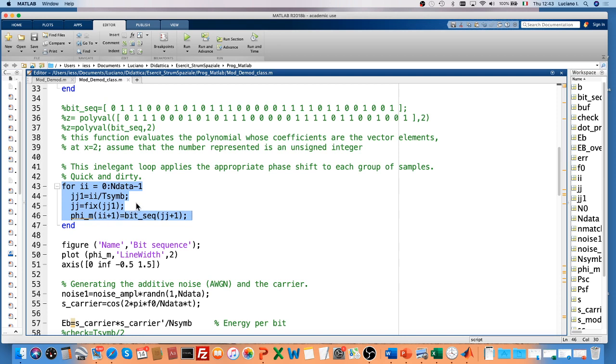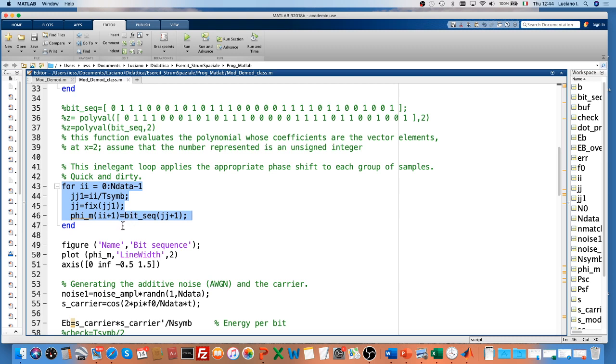The function fix provides the nearest integer to jj1. So for all the data sequence, I take this number, which is jj1, the index in the sequence divided by the bit duration.